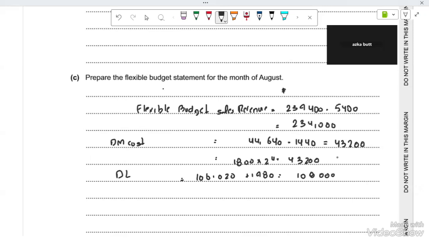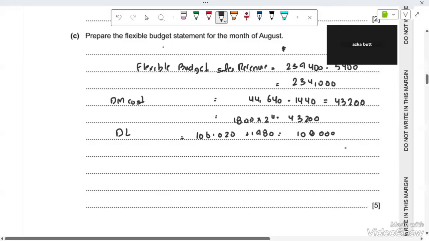Actual labor cost was lower than expected by 1,980. To remove this favorable variance and get the budgeted labor cost for 1,800 units, we add back the variance to the actual cost.